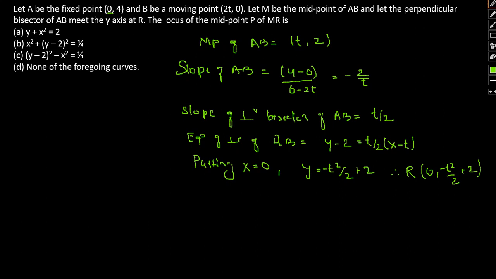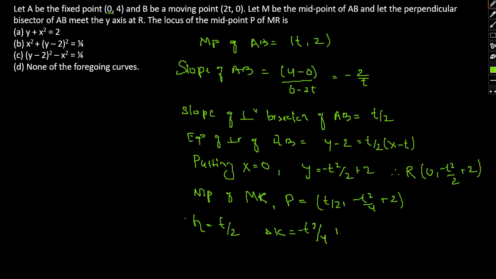Again, if we take a look at the midpoint of MR, that is P, it will simply be (t by 2, minus t square by 4 plus 2). So here h will be t by 2 and k will be minus t square by 4 plus 2.